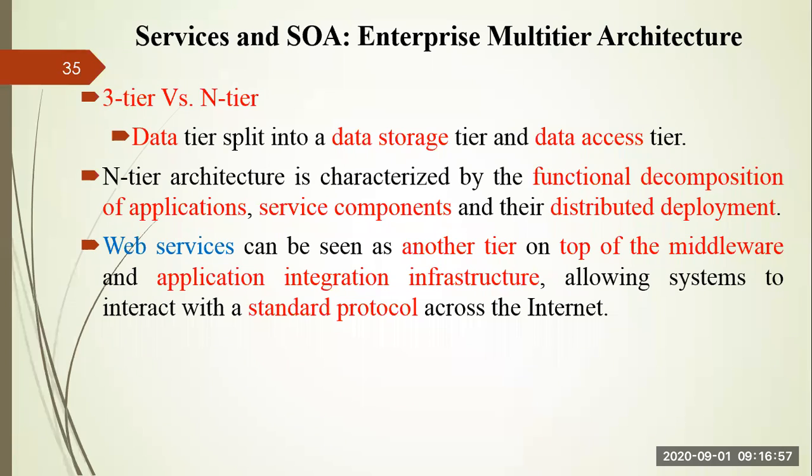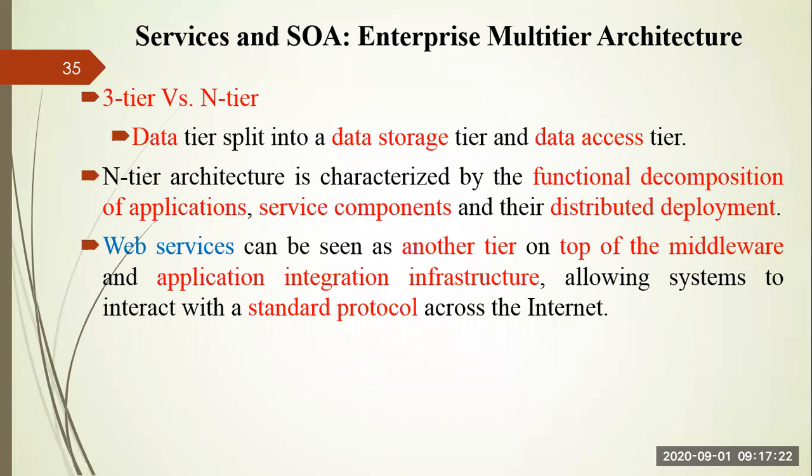So it purely depends upon what kind of applications you require. Based upon that application, you can decide whether two-tier is better or three-tier is better or n-tier is better, right? But what happens in n-tier architecture? N-tier architecture is characterized by the functional decomposition of applications, service components, and their distributed deployments, right?